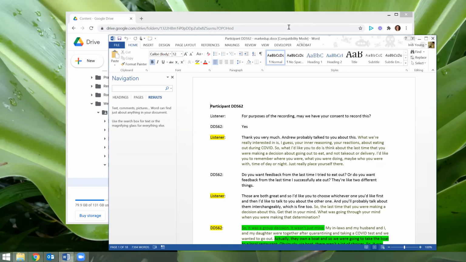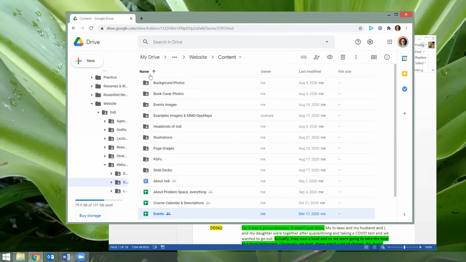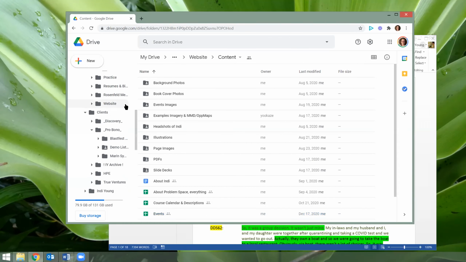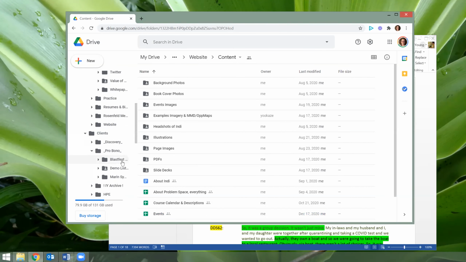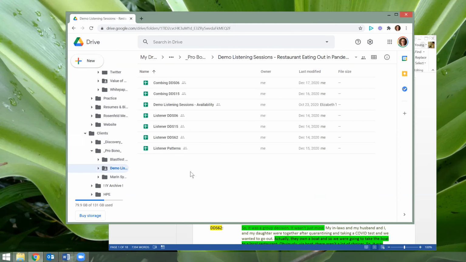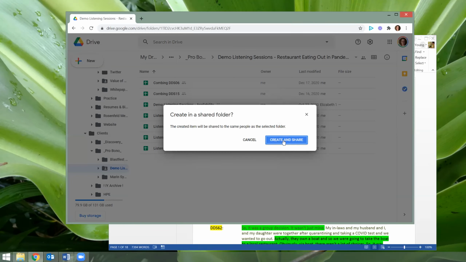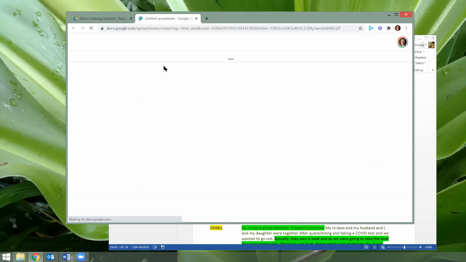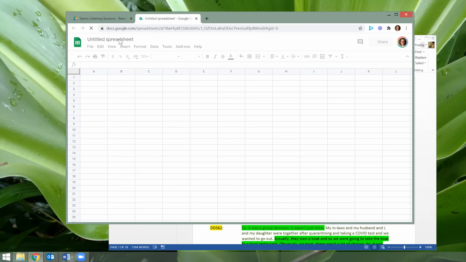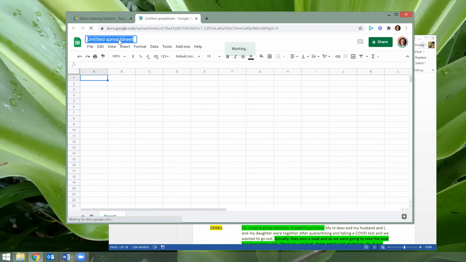So let's get started. First thing I do is I will go here and create a new sheet for this particular one. I just want to show you how I get started. I'm going to name it.